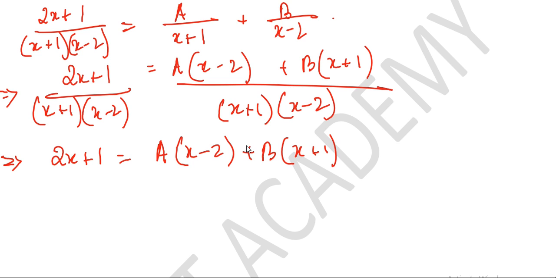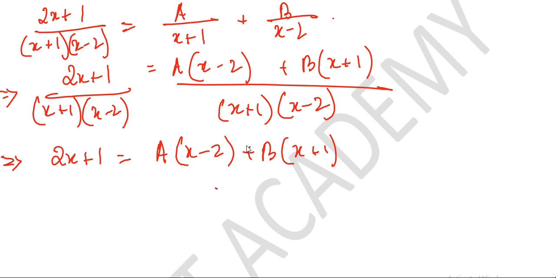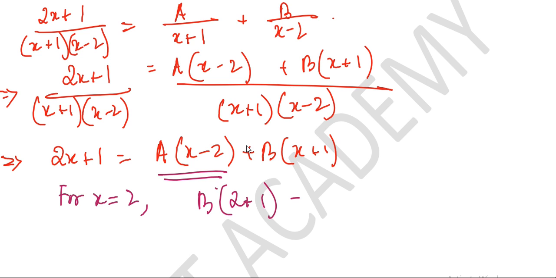So now let's see. First, let us take the value of x as 2. So this part will be 0. For x equals 2, we have b into 2 plus 1 equals 2 into 2 plus 1, which is 3b equals 4 plus 1. So that's 5.